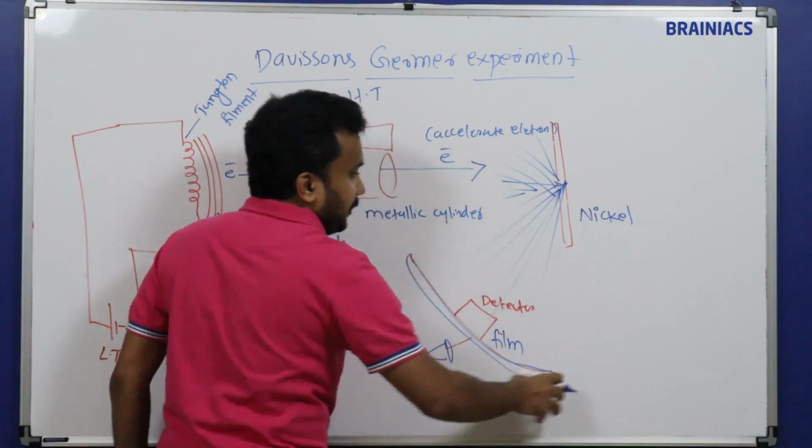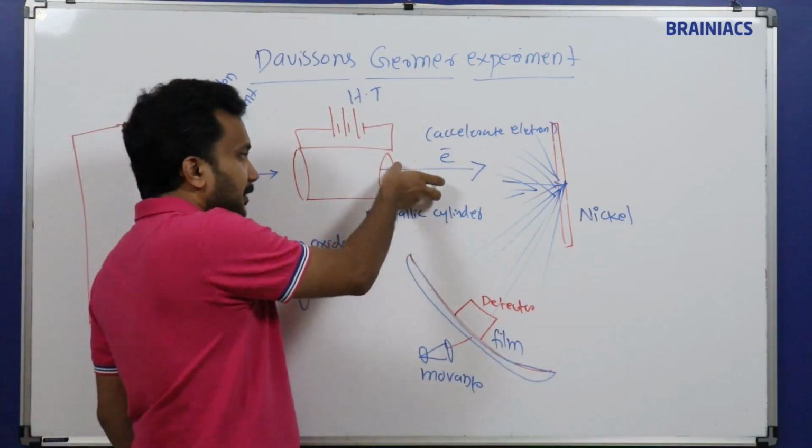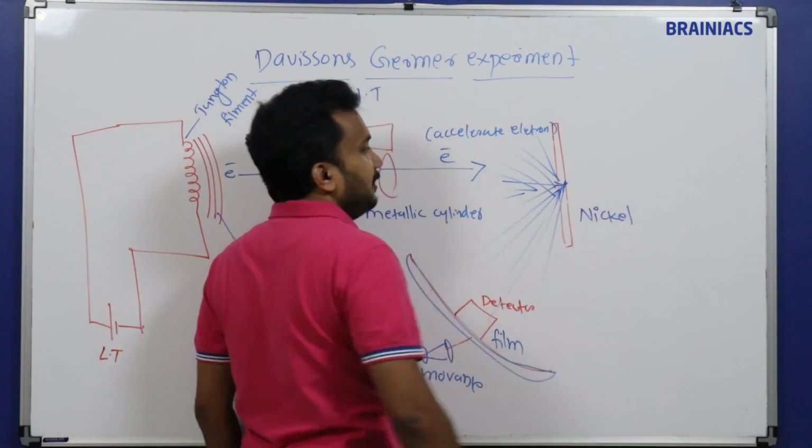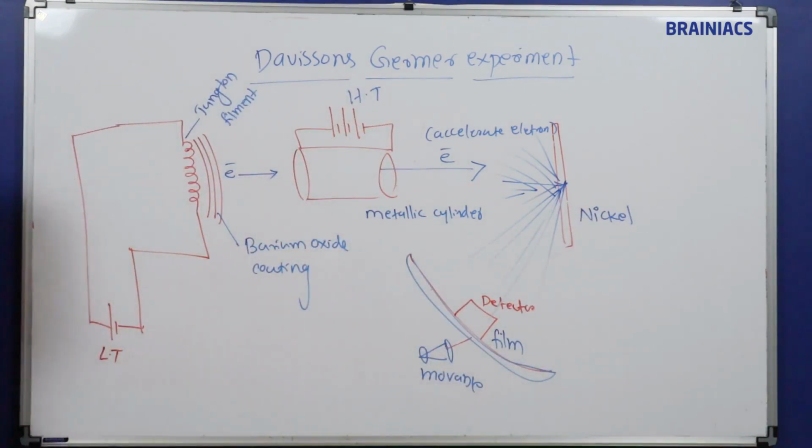It can be easily rotated from 0 to 180 degrees, from one point to another point. Okay, so we have an incident electron over here, and we also have the reflected electrons here.